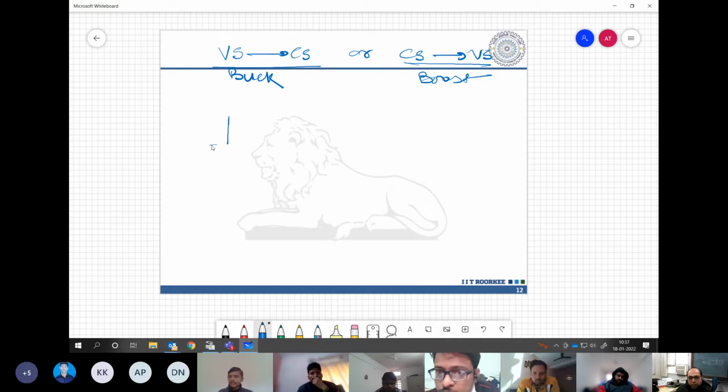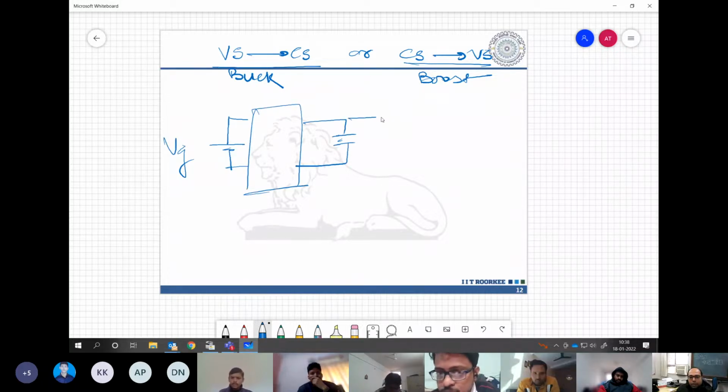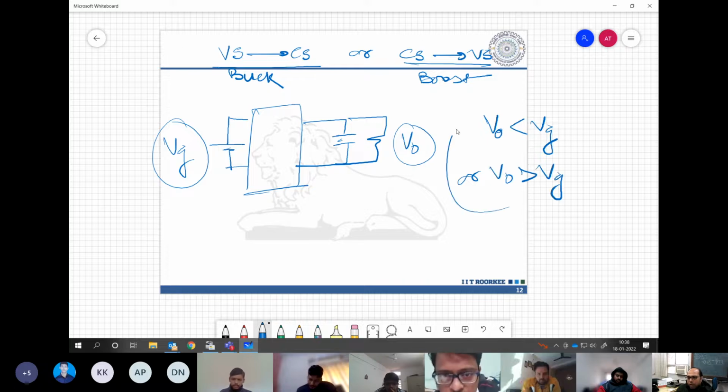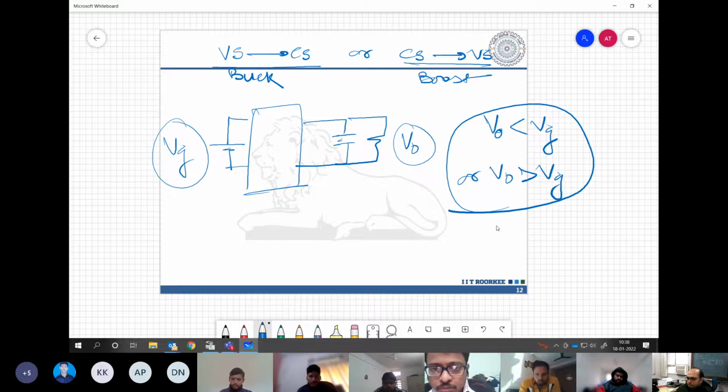Now when we are dealing with a DC-DC converter, we have some voltage input VG, some interface, and some output VO. What are the possibilities for VO and VG? There are only two possibilities, that either VO can be less than VG or VO can be greater than VG. Let me put equal to also, so that we include that as well.